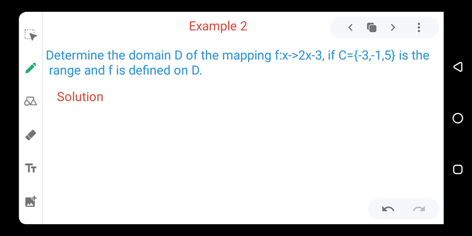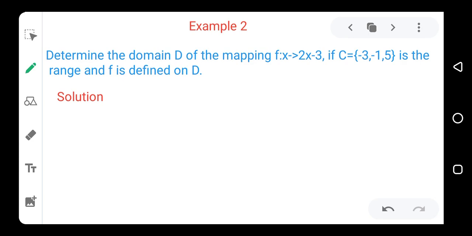Example 2. Determine the domain D of the mapping function f of x such that f of x is equal to 2x minus 3.